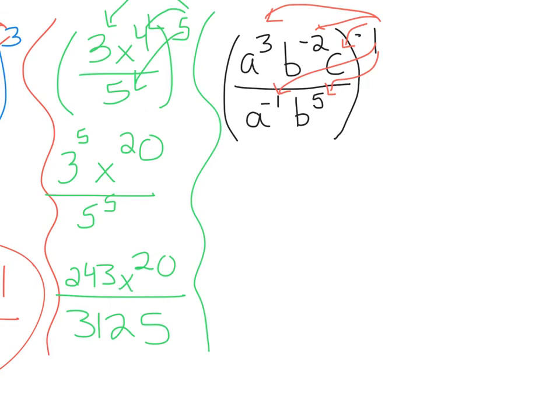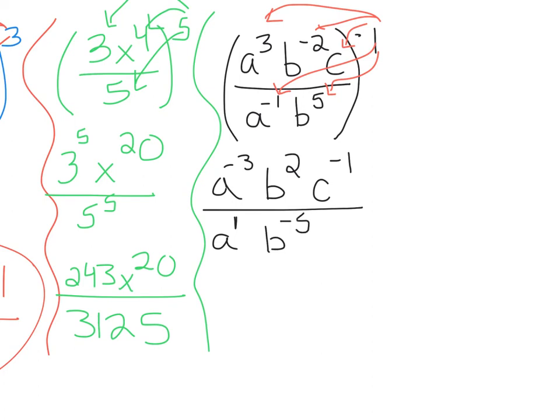So by multiplying all of those exponents, a to the power of -3, b to the power of +2, c to the power of -1 over -1 times -1, so that's a to the power of +1, b to the power of -5.